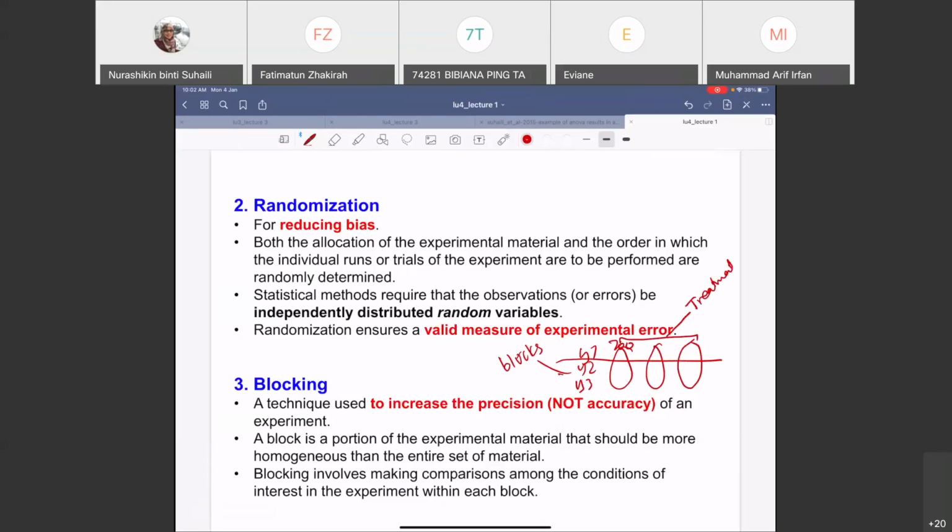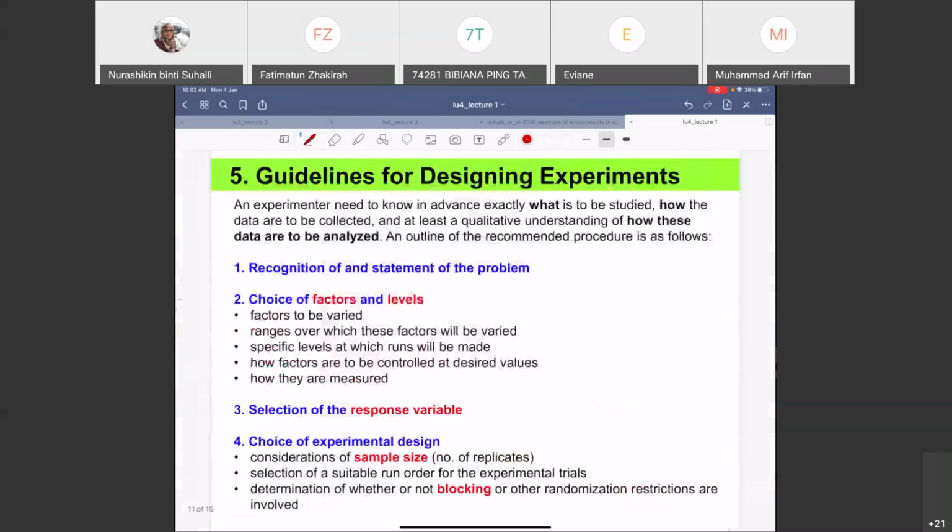You can also compare between year 1, year 2 and year 3 within the zoology program. How is the difference? How does the data vary? So that is what is meant here. Okay, so those are the 3 principles in experimental design.